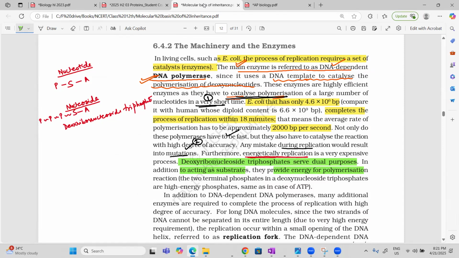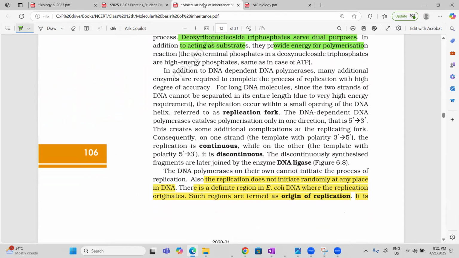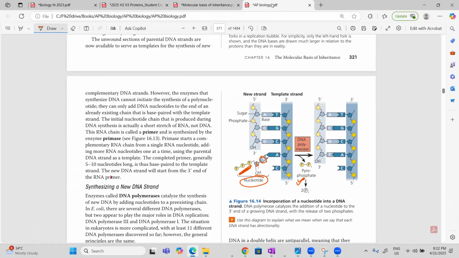Now the main thing is this, please come down and see. The enzyme cannot initiate the process on its own. That is why, in this diagram, we have a short primer. DNA polymerase can only add to the 3' OH group.